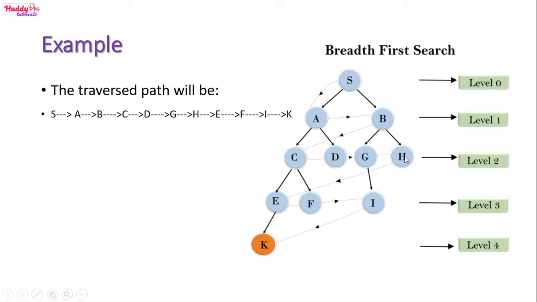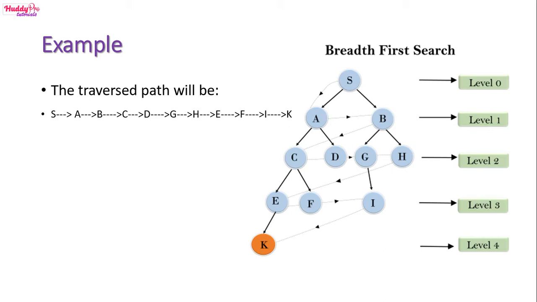So let's have an example. In this tree, so this is an example of a graph that's a tree. In this tree structure in this figure, we have shown the traversing. Traversing is when we are traveling through the nodes of a graph.